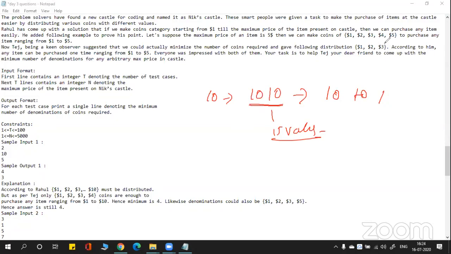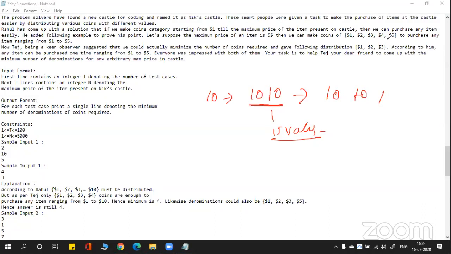We are using binary representation. Whatever logic we were using for binary representation, I'm using the same logic. Binary numbers have continuous numbers, right? So I'll use the same logic and just find out how many bits are required to represent a particular number.